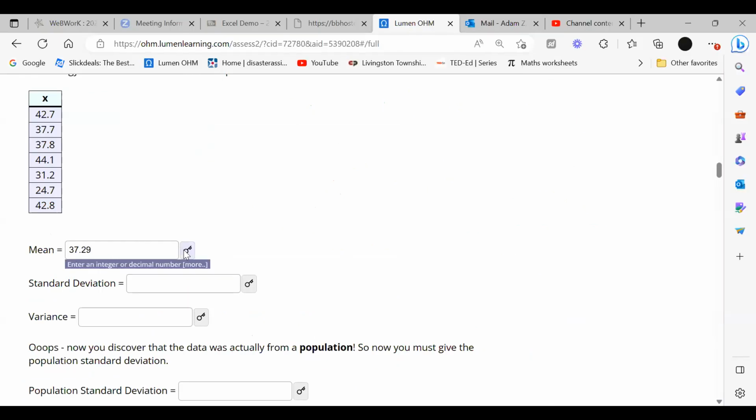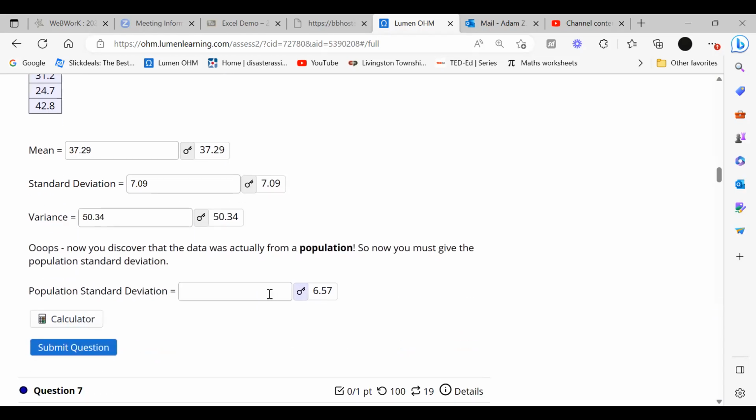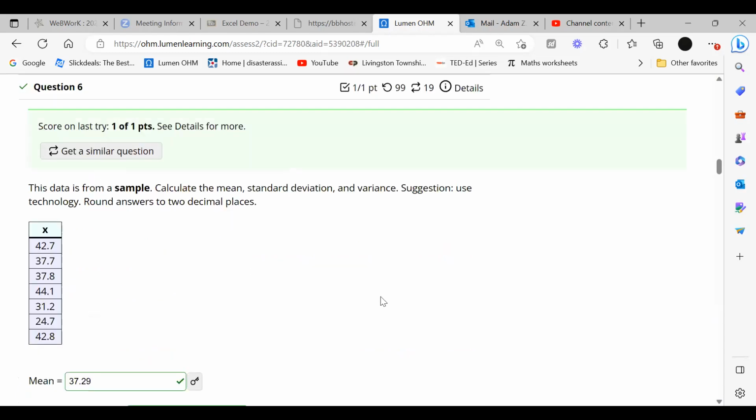This is good, right? 37.29, 7.09, that's what we got. And that one is 50.34, that's what we get. And the population standard deviation, 6.57, right? It's all good. And those are all the correct ones.